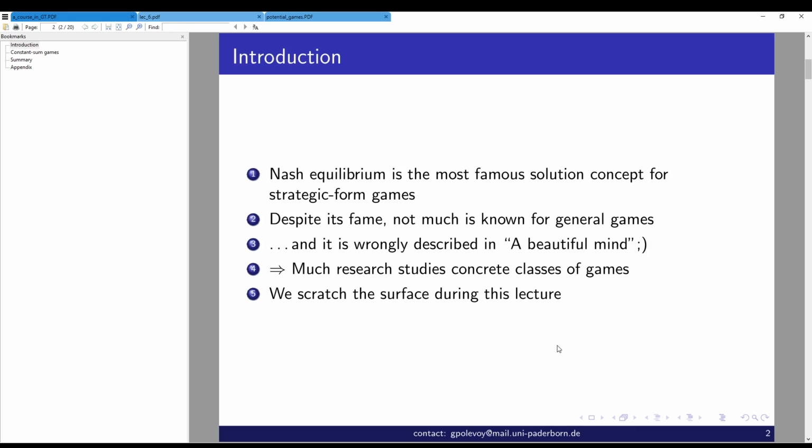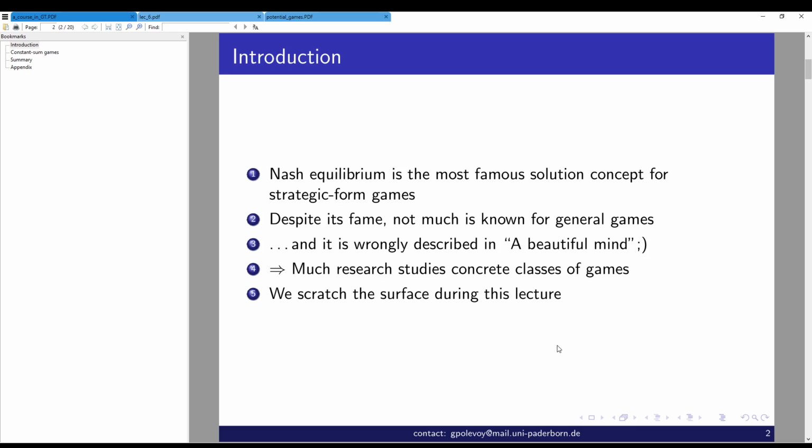Besides that it always exists in a mixed extension of a finite game, and other similar existence results, which we don't study, but which also are non-constructive, like Glicksberg's theorem. So there is not much known about their properties. By the way, even the description in the film A Beautiful Mind is wrong.